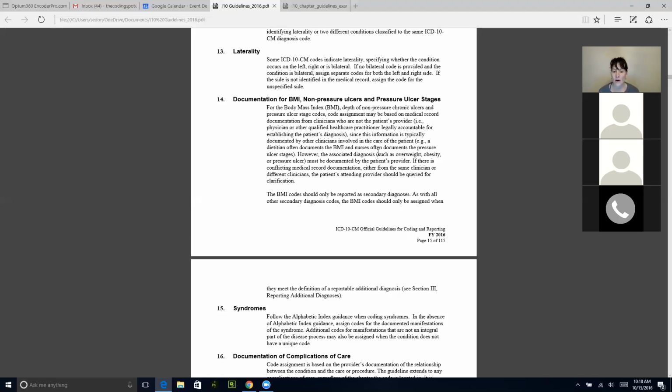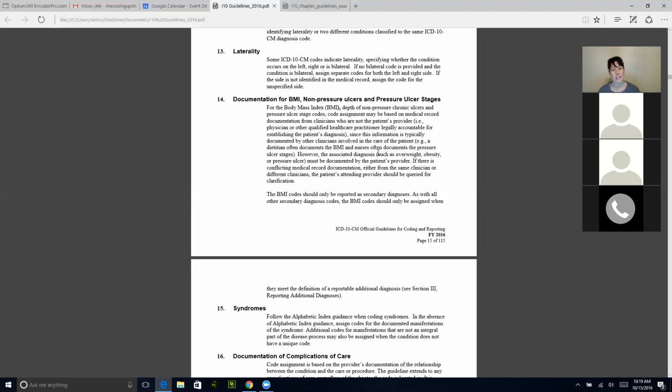It can be a nurse, it can be an MA, but the associated diagnosis that goes along with that BMI, so either overweight or obesity, that still has to be documented by the provider or qualified healthcare professional.